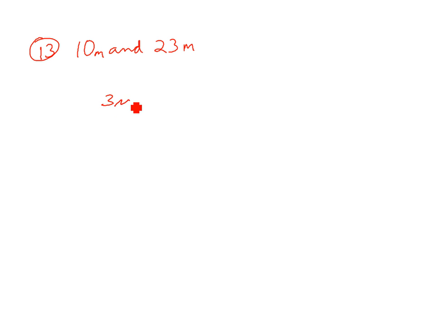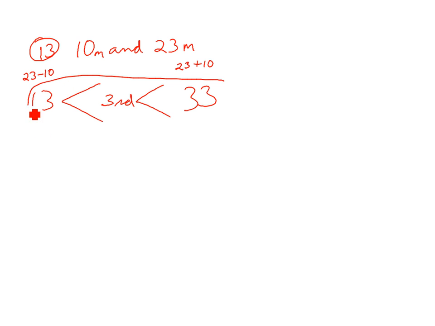So we know the third side is between, how are we going to find this low end? How do you find the low end? You have to subtract. 23 minus 10? So that's 13, that's as low as it can go. How do we find the high side? 23 plus 10, what's that give us? That's your answer.